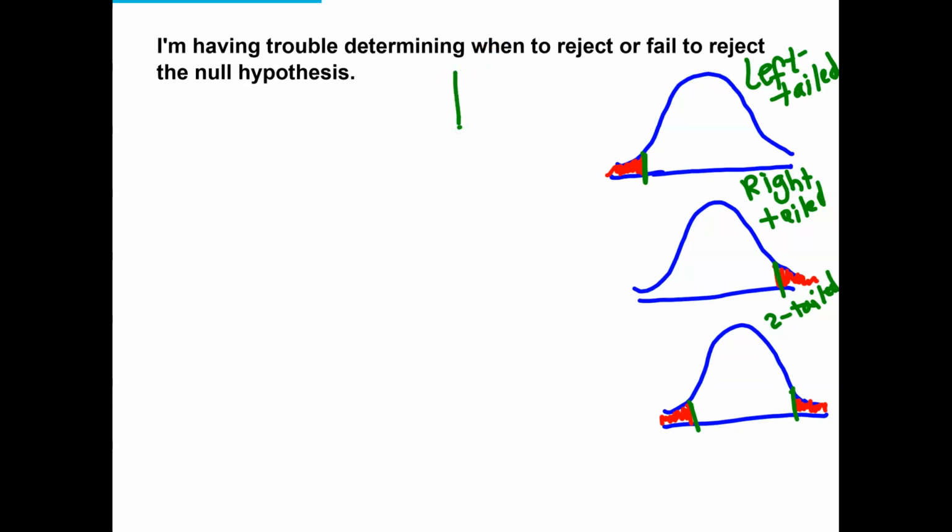If the alternative hypothesis, H1, is less than, then the test will be left-tailed, and your alpha and p-values will be located on the left.